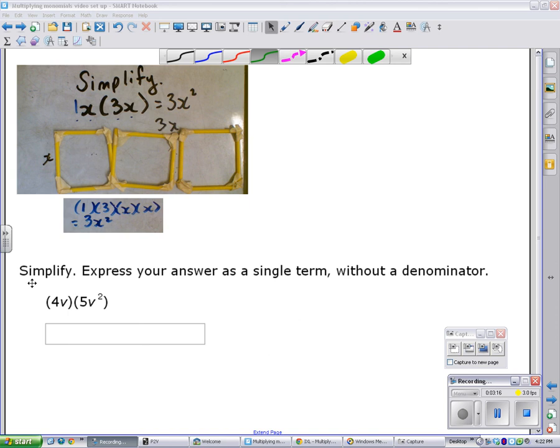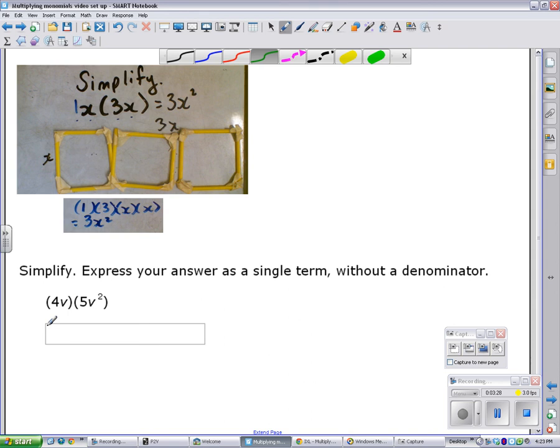Okay, our last example then is to simplify and express your answer as a single term. So I have 4v multiplying 5v squared. So if I use the rule where I put the coefficients, that is the constant values, together, then I would multiply 4 and 5, and then I would multiply the variables.